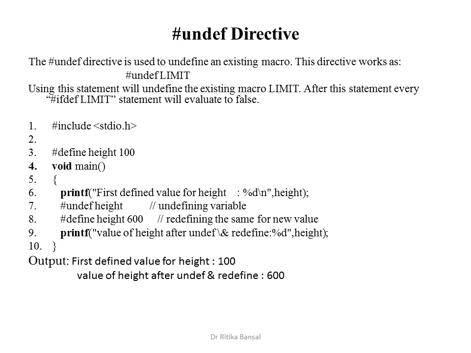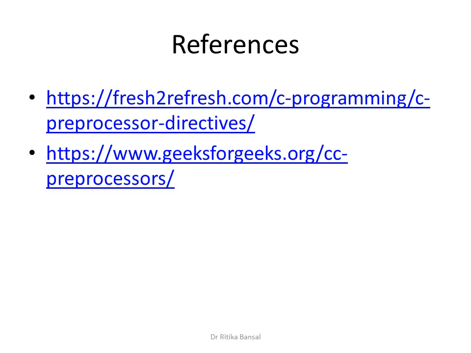Undef means we undefine it. After this statement, the existing height macro will get undefined in line number 7, and in line number 8 we will be redefining that same macro with a different value. So these are a few references, and the material is sufficient in your book along with this presentation and video.